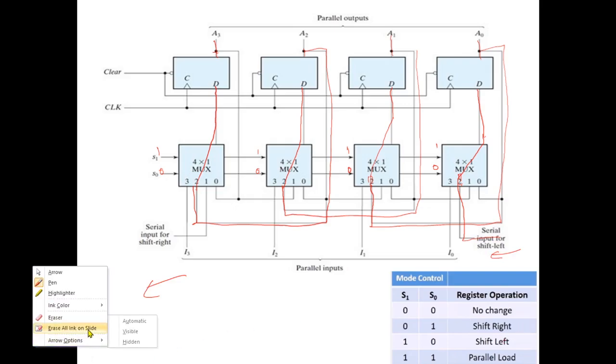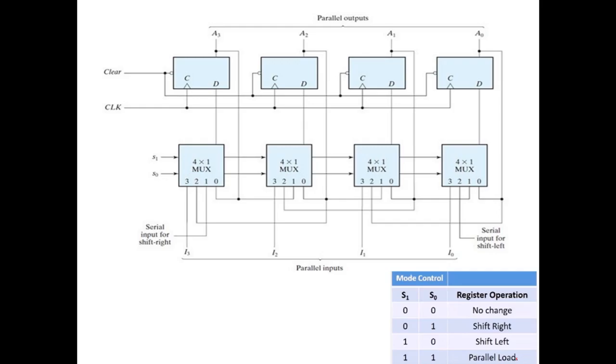Next, let us see the parallel load, meaning parallel in parallel out. It can also perform as a parallel in parallel out shift register. That is, we can give the inputs in parallel when the selecting inputs are 1 1. When the selecting inputs of these multiplexers are 1 1, it selects the fourth data input, that is D3.